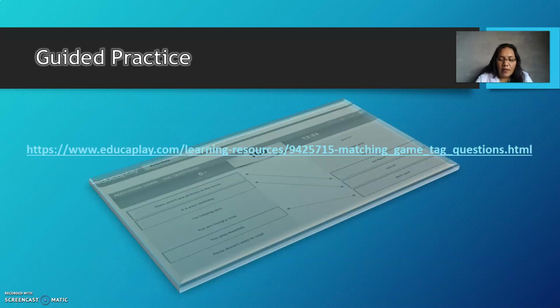In guided practice, the teacher asks the students to work in pairs and a matching activity in Educaplay is sent.